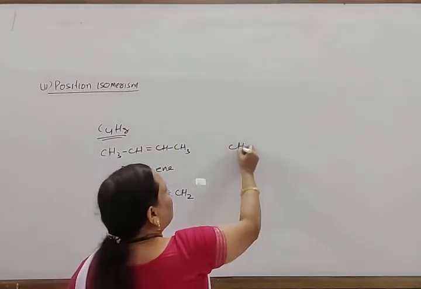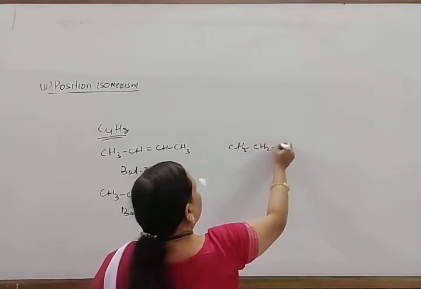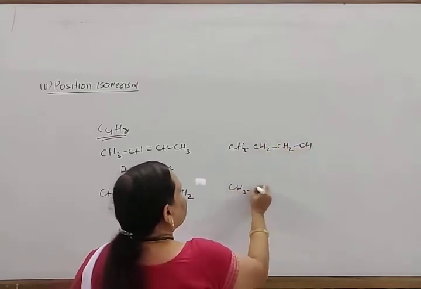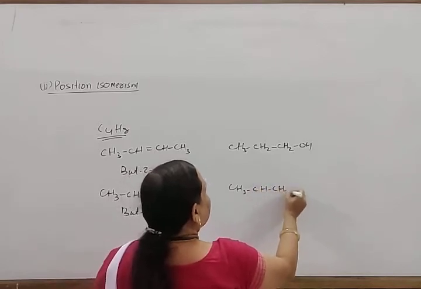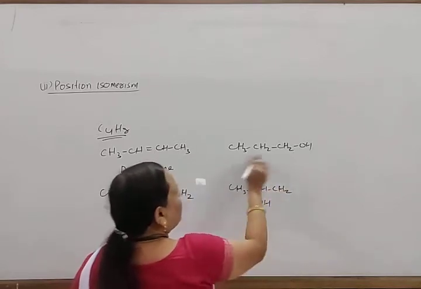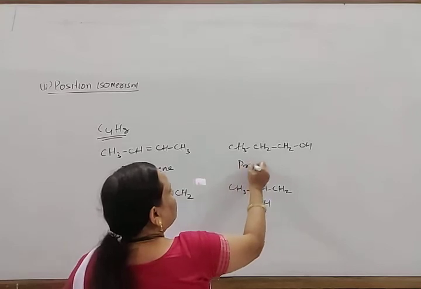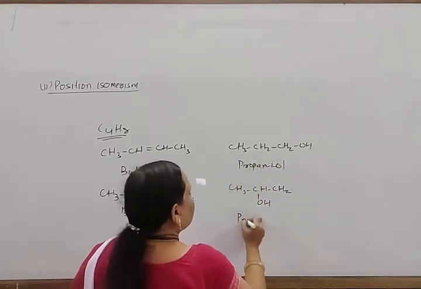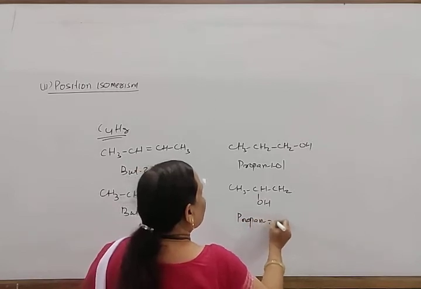Similarly, look here, CH3, CH2, CH2OH and CH3, CH, CH3 with OH on the middle carbon. What is the name of this compound? This is propan-1-ol and this is propan-2-ol.